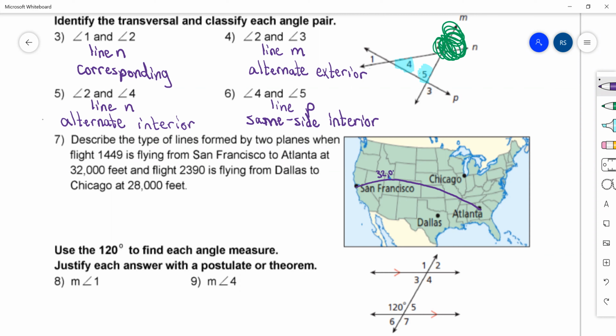So we're going to cruise through here at 32,000 feet. The other plane is flying from Dallas to Chicago. And he's going to fly at 28,000 feet.